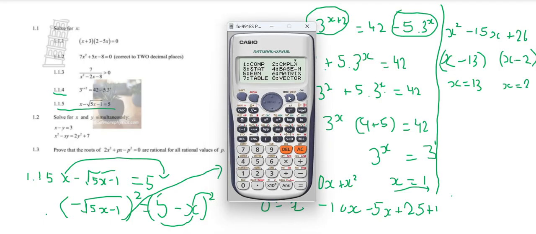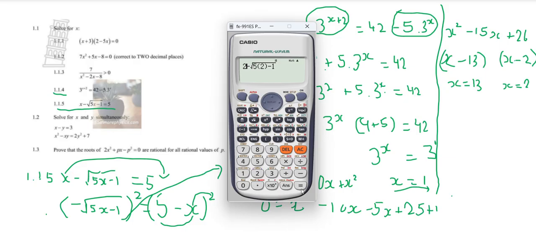Now let's go back to our normal calculator. So we have 13. Let's try with that 13 first. So 13 minus root 5 open bracket 13 close bracket minus 1. We can see it's giving us 5. Now let's try with the 2.